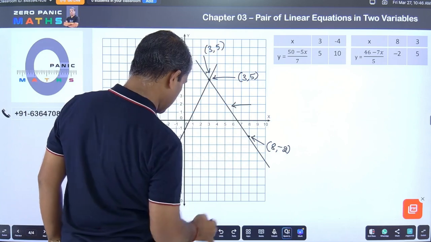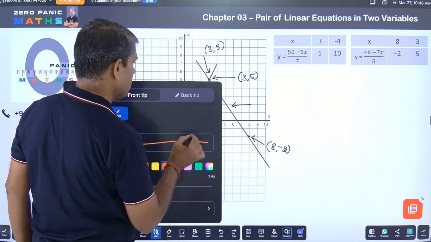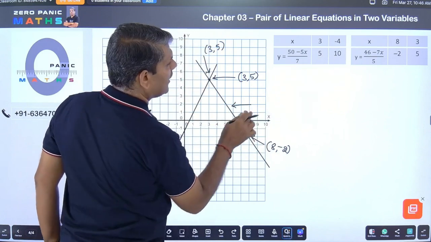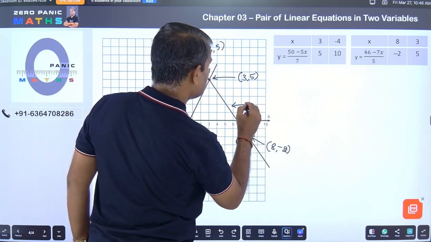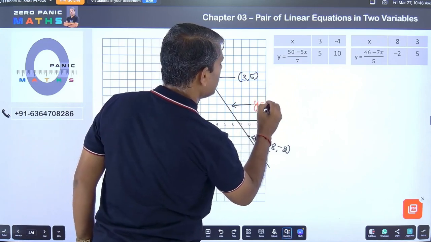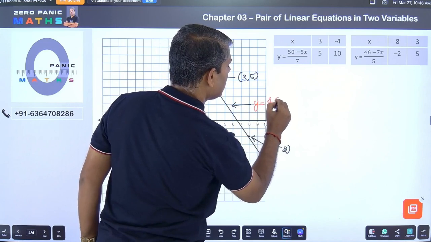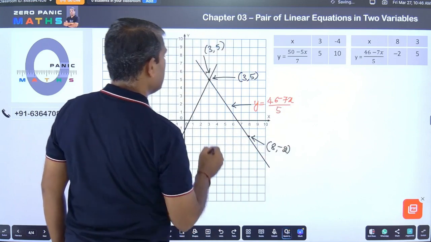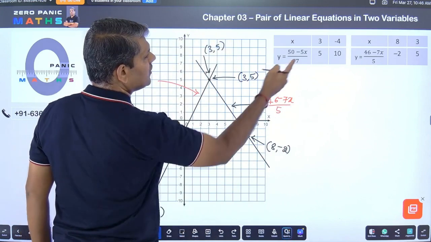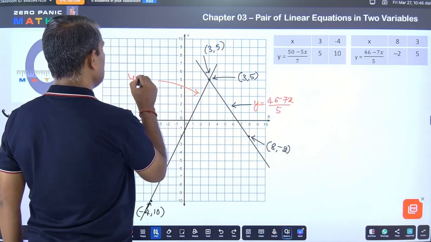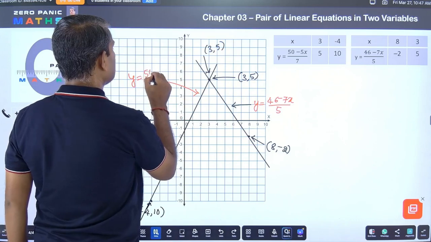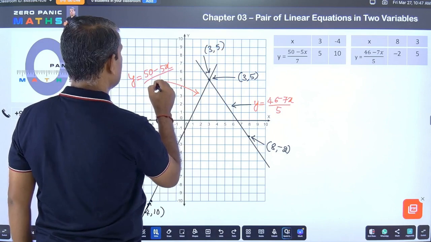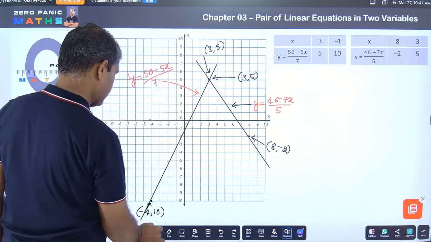What this line represents is the second line, that is y is equal to (46 minus 7x) divided by 5. And what this line represents is the first line, y is equal to (50 minus 5x) divided by 7.